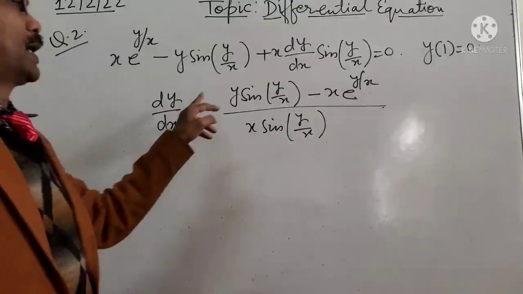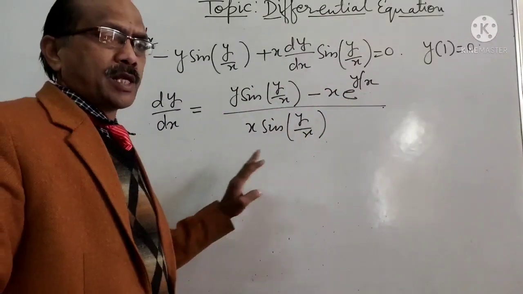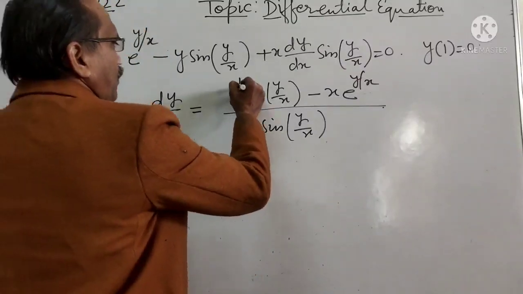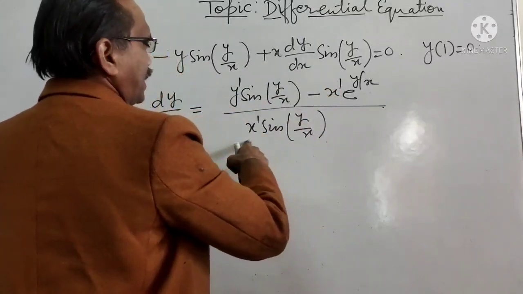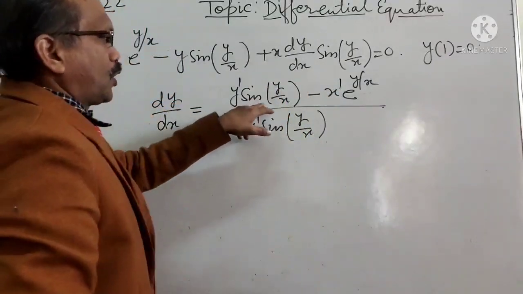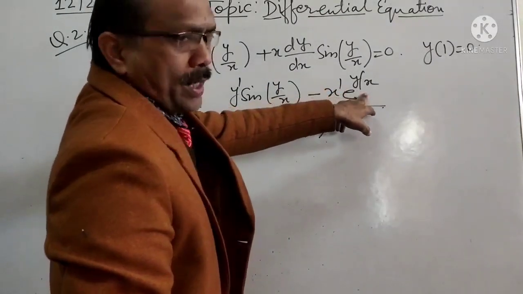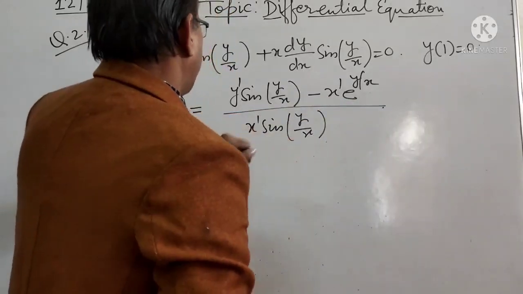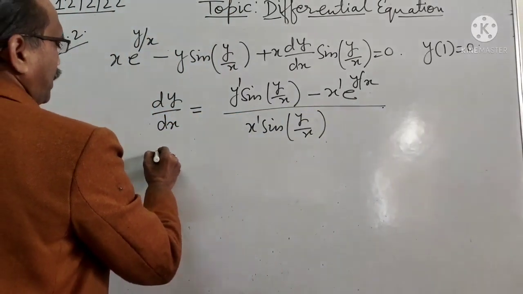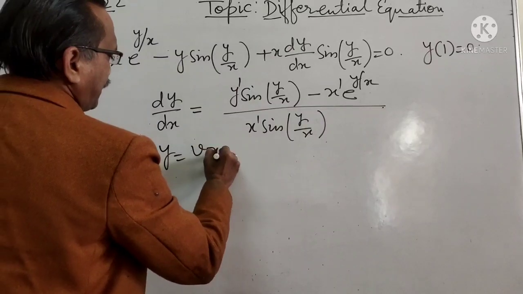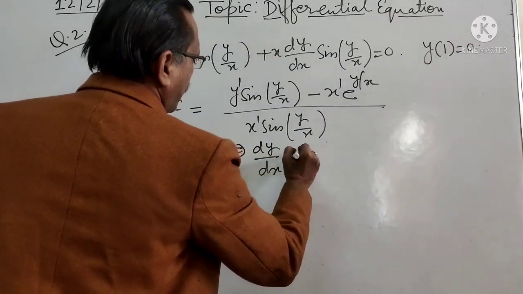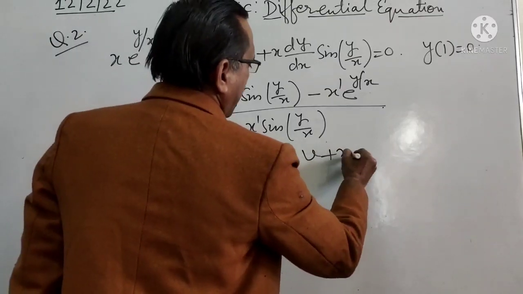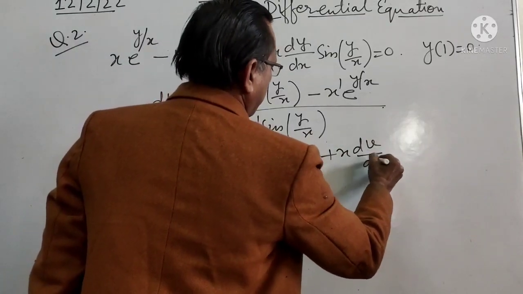Dear student, it is again a homogeneous differential equation since the degree of the numerator equals the degree of the denominator, it is 1. This term is not having any degree. This is also not having any degree. So we will put y = vx and dy/dx = v + x dv/dx.